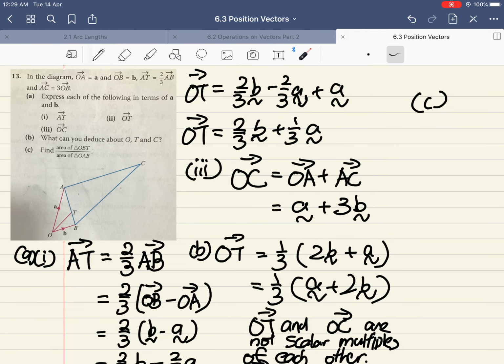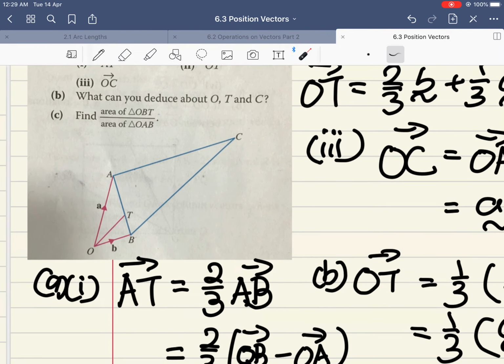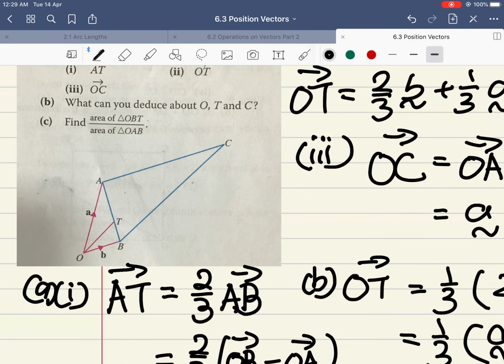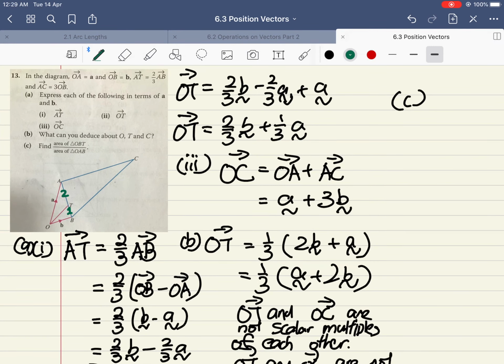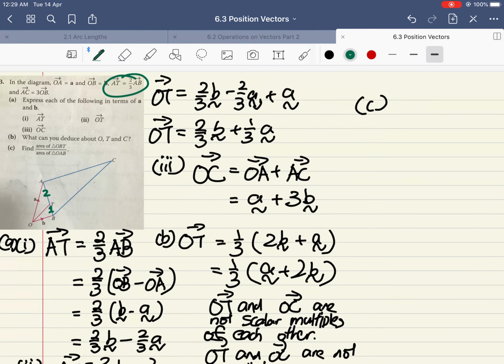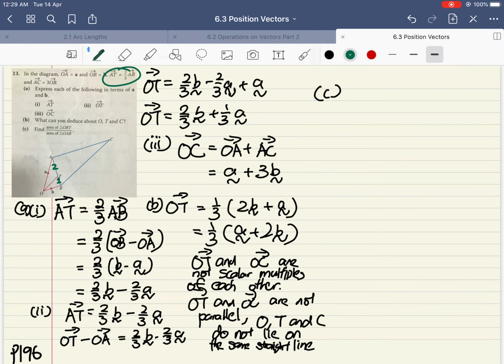Now I also know this piece of information from earlier, whereby AT is 2/3 of AB. So over here, let me put it down in green. This is 2 units, this is 1 unit, because they say here that AT is 2/3 of AB.